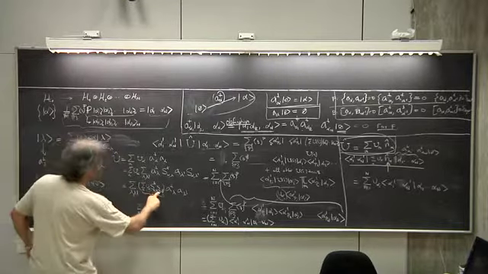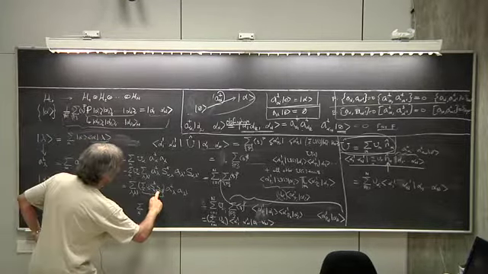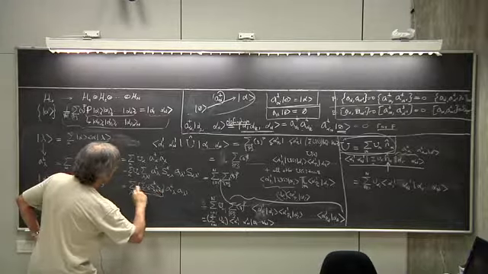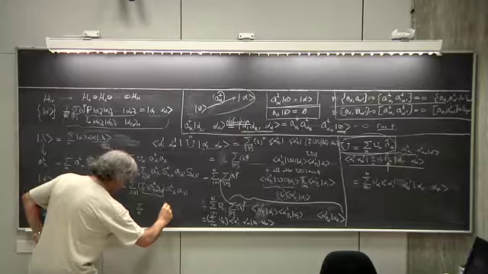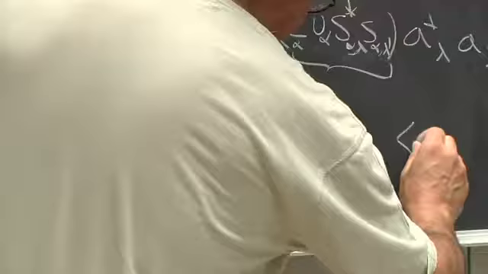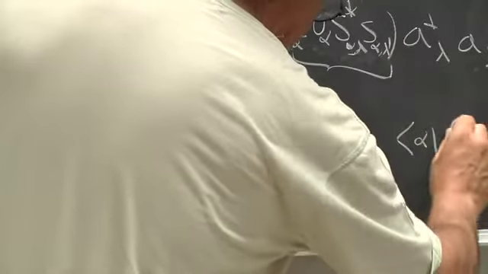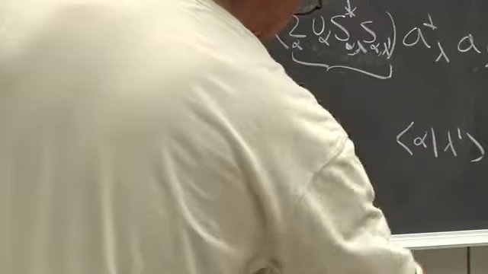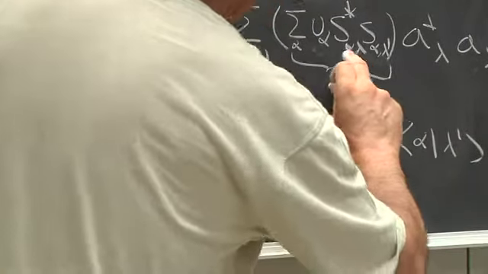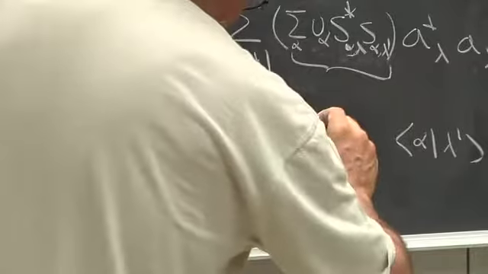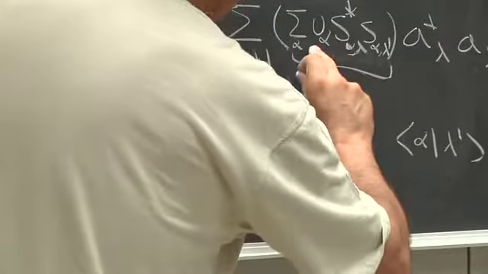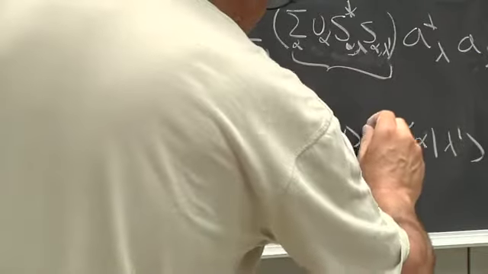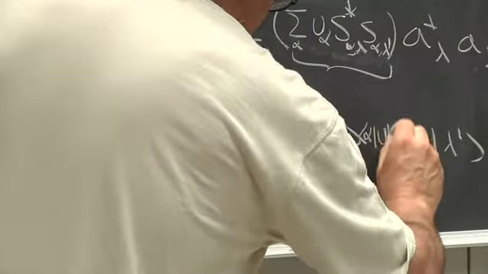So this would be, for instance, the alpha lambda prime, here. Here I would have the star of it, so the lambda alpha. And in the middle I have U alpha, which is <alpha|U|alpha>.